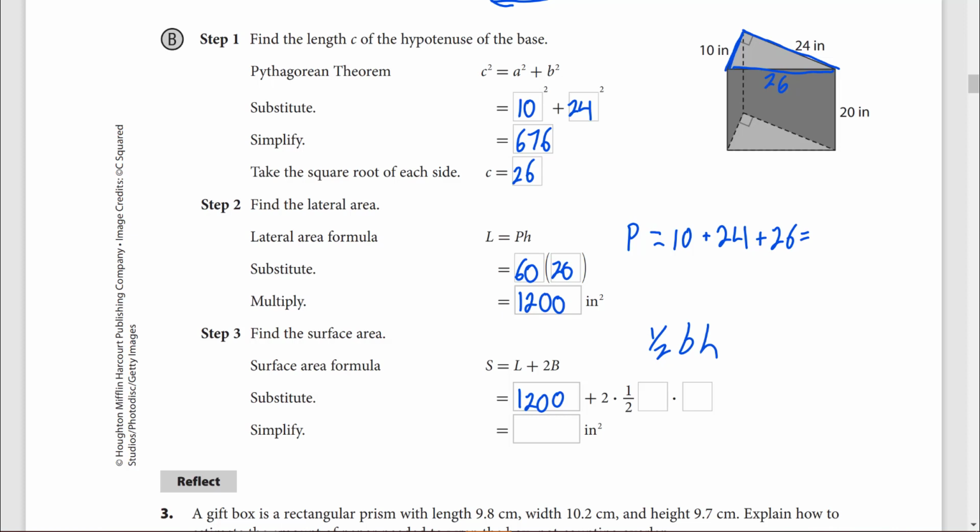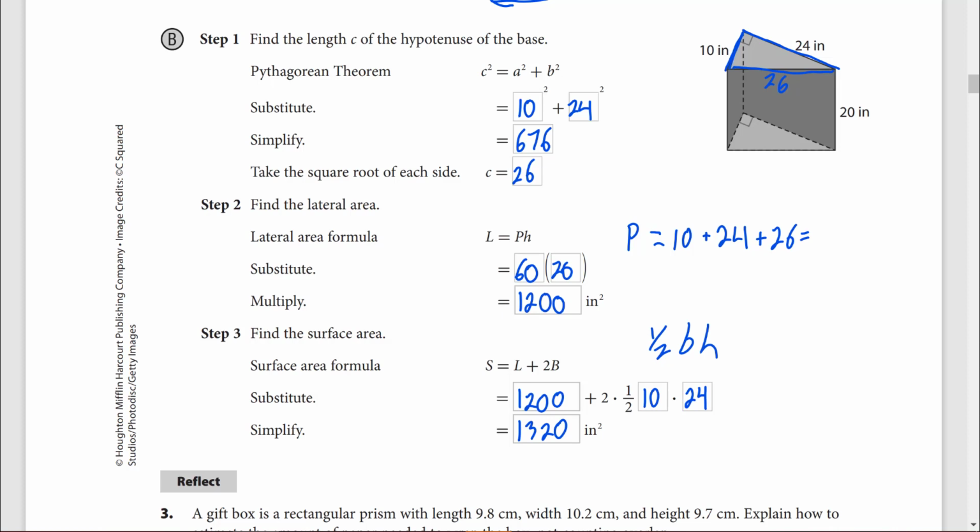In this case, I have a right triangle, so my two sides that meet at the right angle can count as my base and height. 10 times 24 times 1/2. Okay, that piece equals 120, so when I add that to my 1,200, I get a total surface area of 1,320.